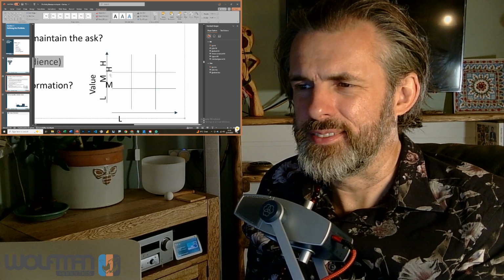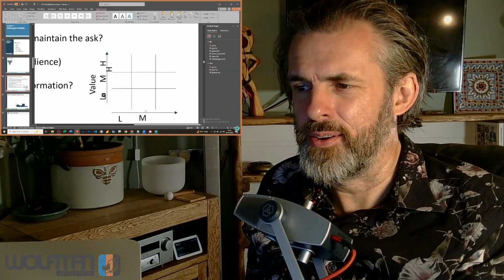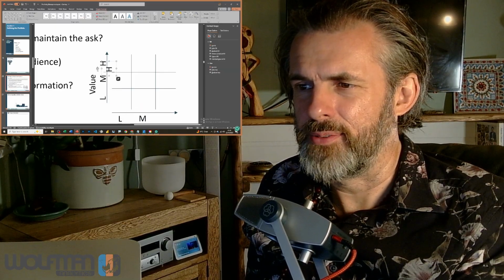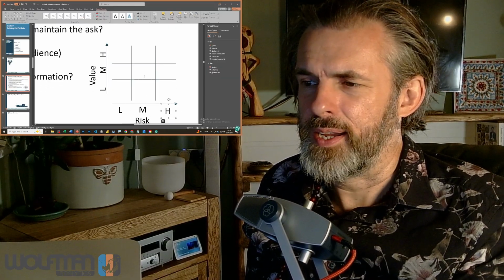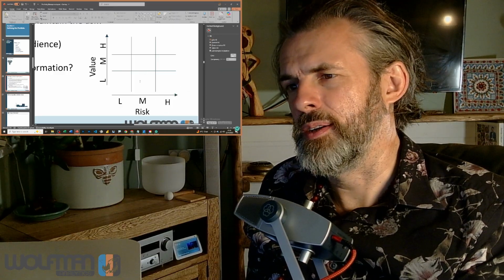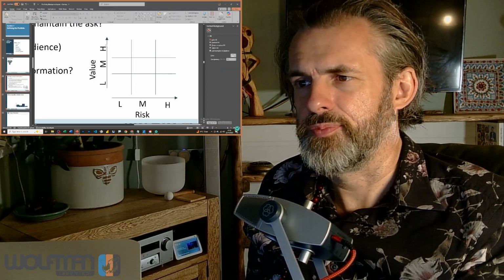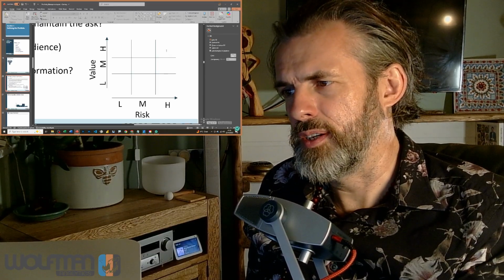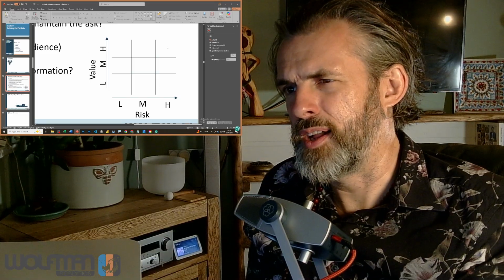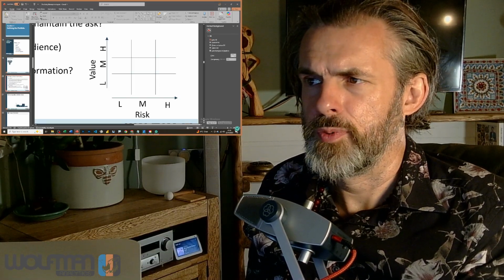Right, so we've got this high. Hopefully you can see where we're going here. Okay then, so we've got our risk, our prioritization matrix. We've got our highs up here and our high risk in this column, high value in this row.